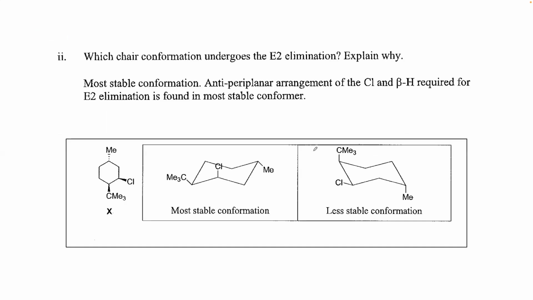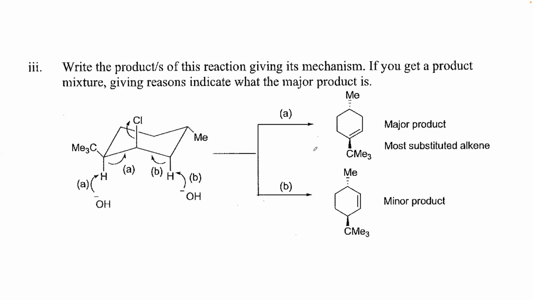And the E2 elimination for that, we'll talk about later, as we haven't done those sessions. It has to have this anti-periplanar arrangement for the E2 elimination to occur. That's the only thing we need to consider here.